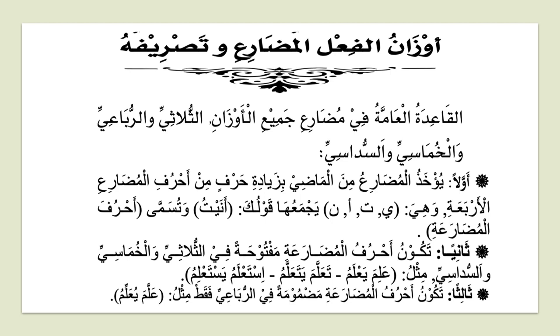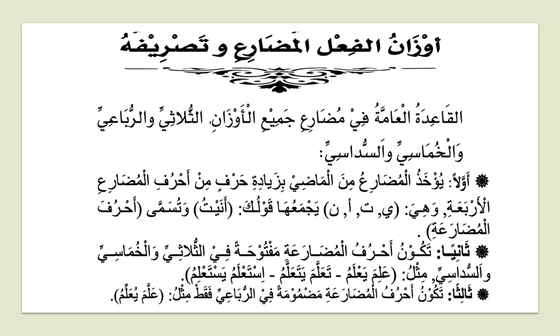The first one, أولا يؤخذ المضارع من الماضي. We will take the present from the past بزيادة, with an increase of what? A harf. What is a harf? A letter. We will increase with a harf من أحرف المضارع الأربعة, from the 4 letters that are used for the present tense.